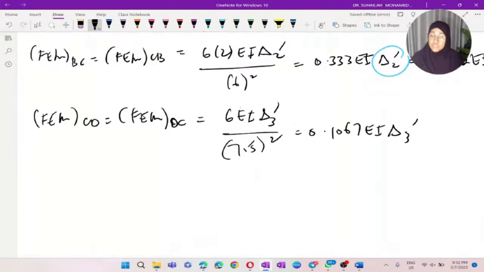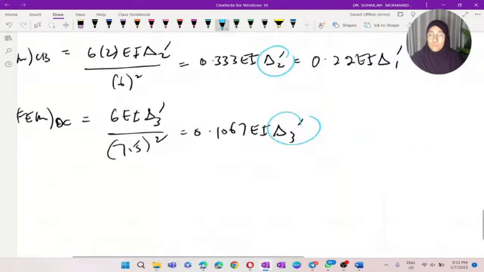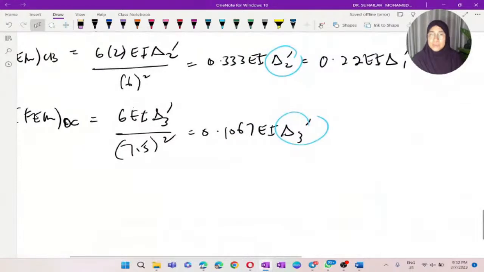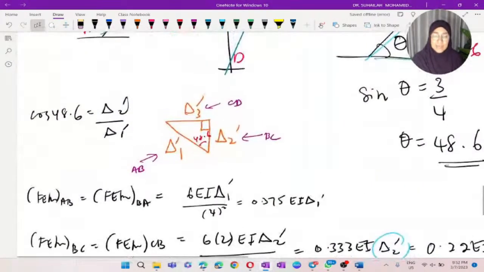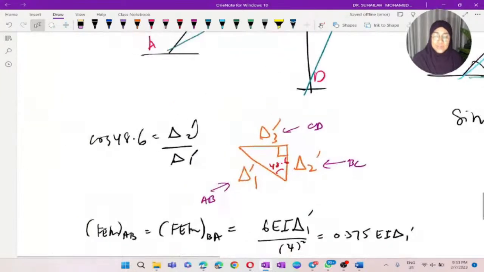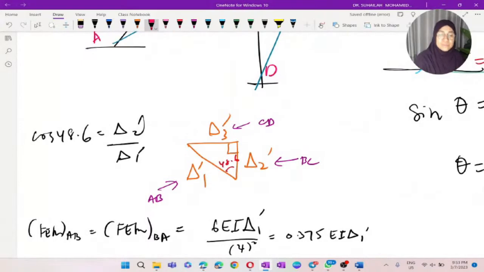Now we have to change delta 3 prime in terms of delta 1 prime. So between delta 1 and delta 3, we use sine. So sine 48.6 is delta 3 prime divided by delta 1 prime.